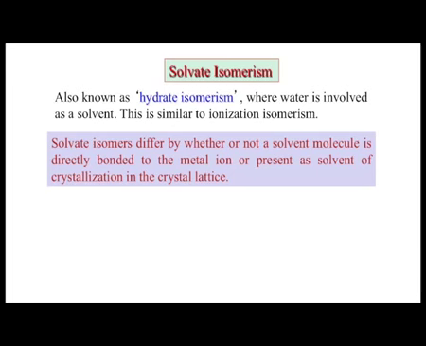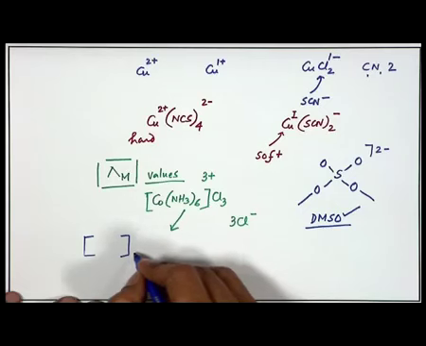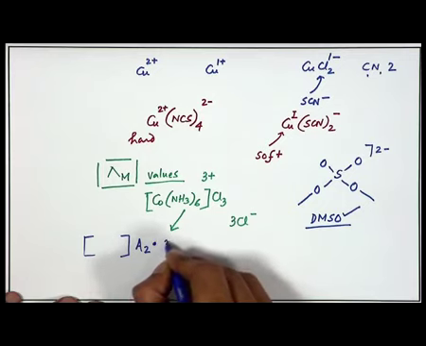So, hydrate isomerism will tell us whether the water is involved as a solvent, that means as a solvate. It is similar to ionization isomerism, where water is coming to coordinate or water is going outside. When water is going outside, we get some complex, then some anions, say A2, A3, etc., then some water molecules.